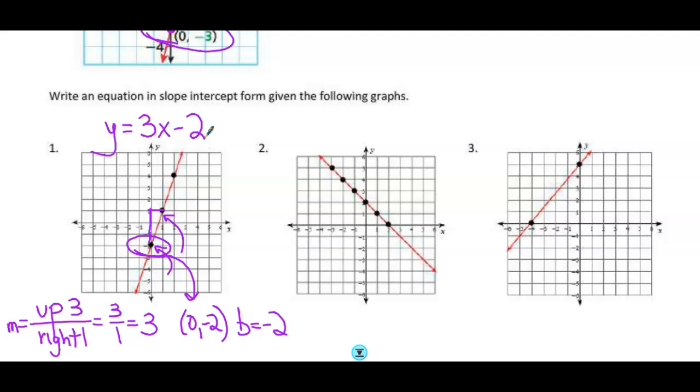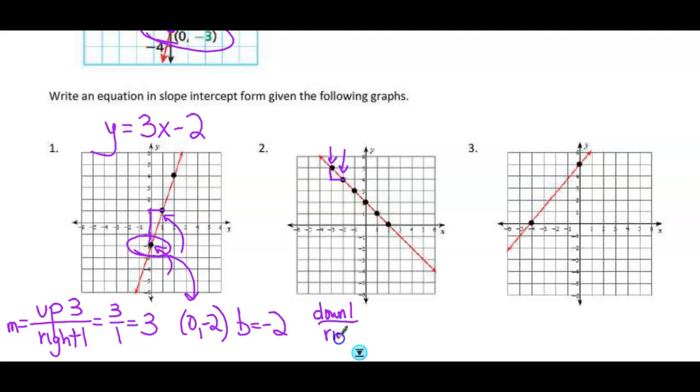If you know what you're doing, you could pause the video now and try some, and then push play and see if you got the right answers. So I'm going to just keep on demonstrating. Number 2, I'm going to pick this point and this point. This is down 1, right 1.